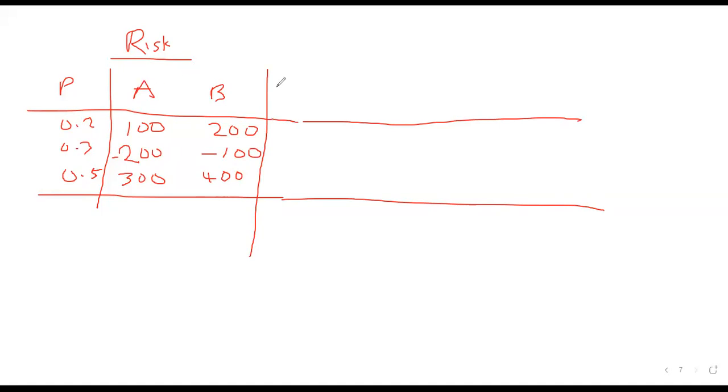So we'll start with asset A. The probability of the return on A. So 0.2 times 100, 0.3 times negative 200, negative 60, 0.5 times 300, we get 150.